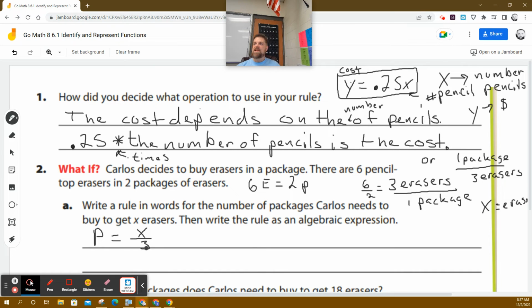Right? Sometimes if you can't figure out the rule, think about it for a second.